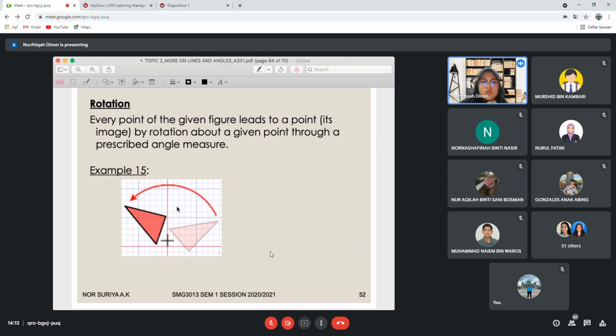To do a rotation, the question will give you how many degrees to rotate the original figure to the image. For example, this one here is the original one, and normally in the question they are going to supply which point is the base point.